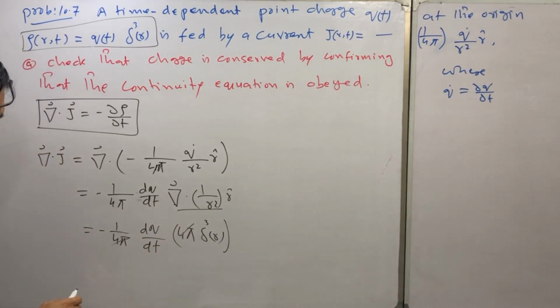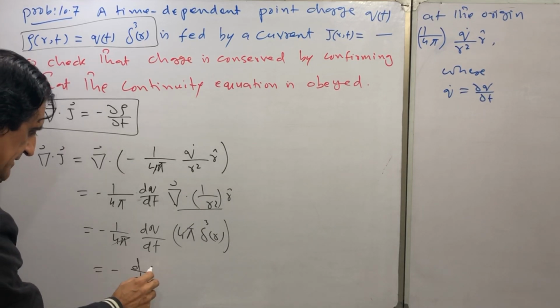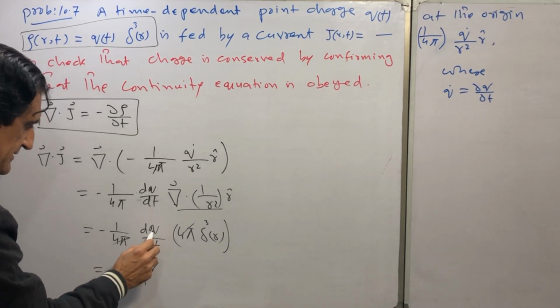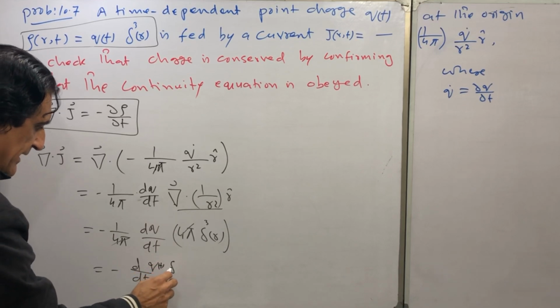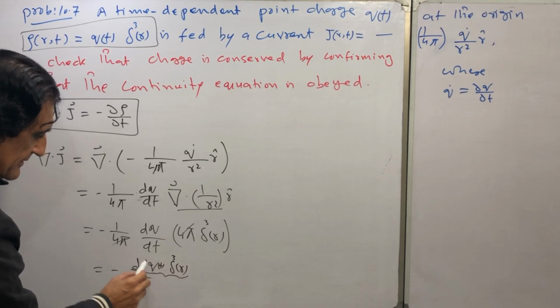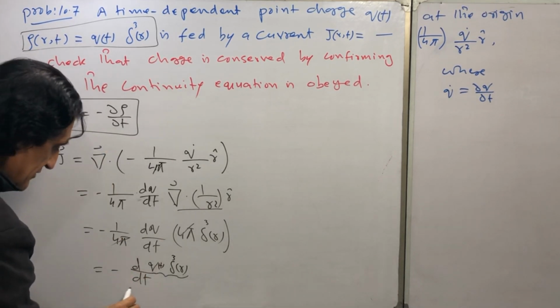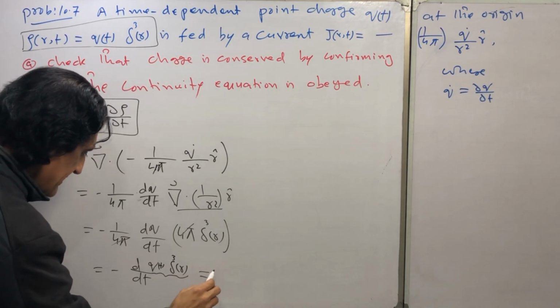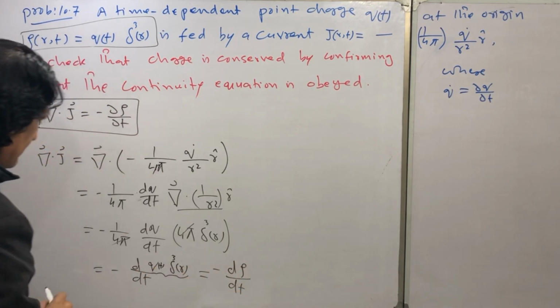Now this will be cancelled out, and minus d divided by dt of q, because this depends upon time, q of t, and delta cube of r. This is nothing but the charge density rho. So it means minus d rho divided by dt.